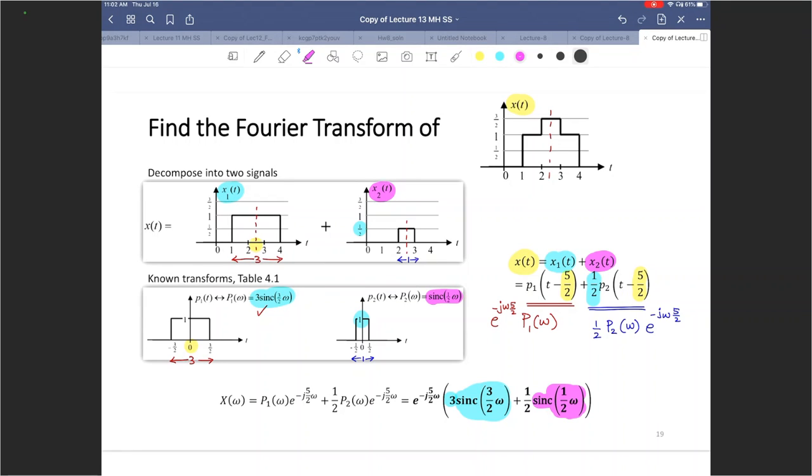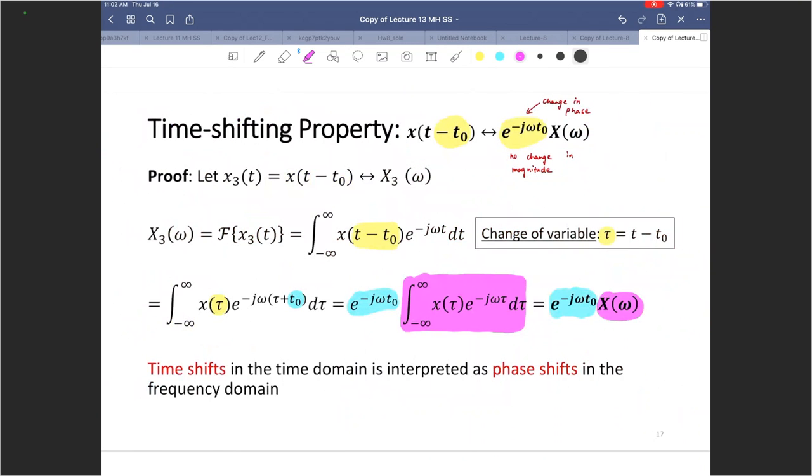You don't need to change the transform. You see, if you are given that x(t) has Fourier transform X(ω), the Fourier transform did not change when you shifted the signal from x(t) to x(t - t0). X(ω) didn't change. You only had an additional phase term.